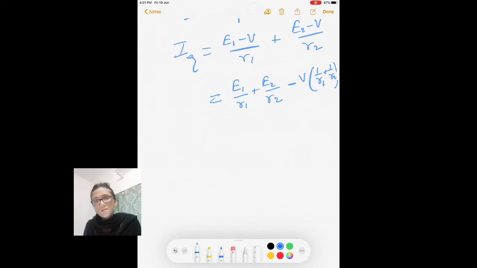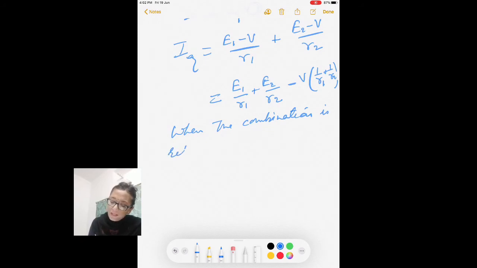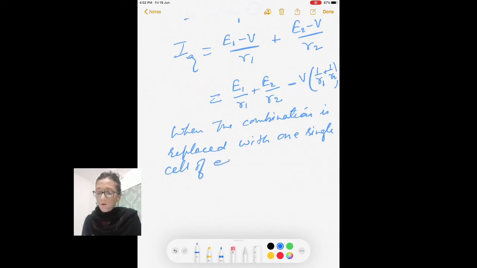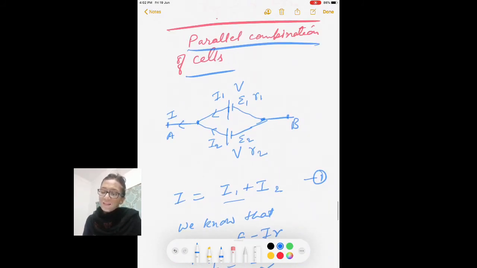So if you replace the combination with one single cell of EMF E which produces the same current I, which produces the same potential difference V. Because here in parallel combination we have current not same, we have potential difference same across the cells.